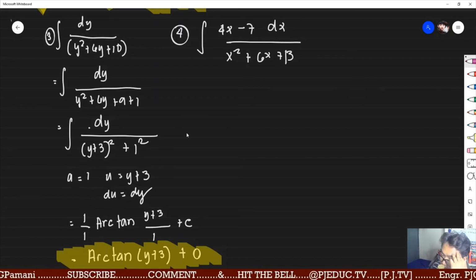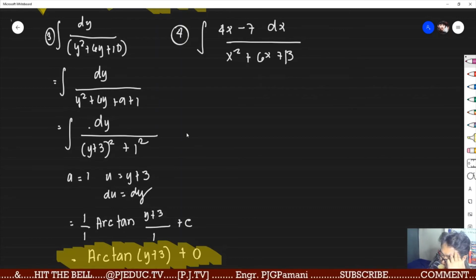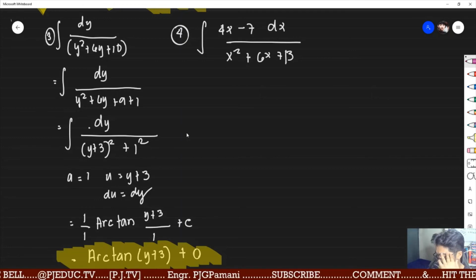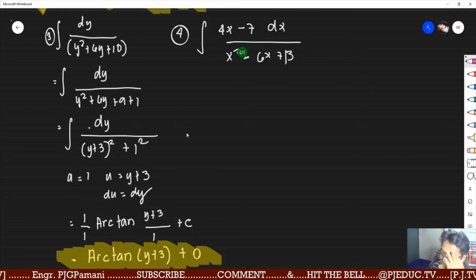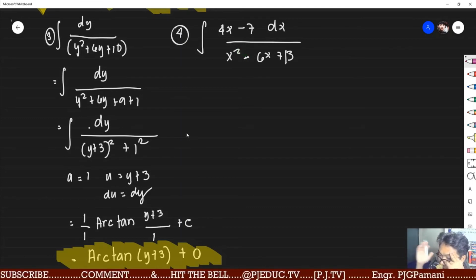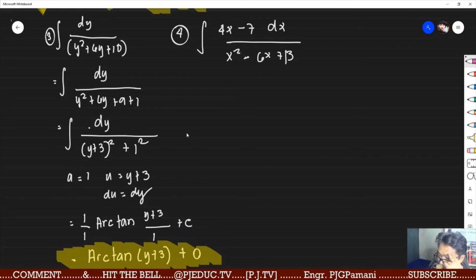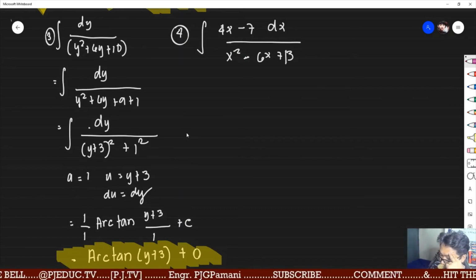Paano natin ngayon yan gagawin? Ganun ulit. But this time, perfect square of a trinomial by completing the square.